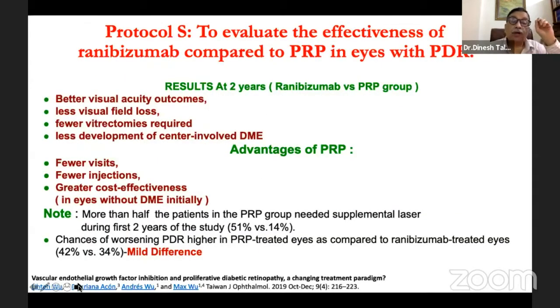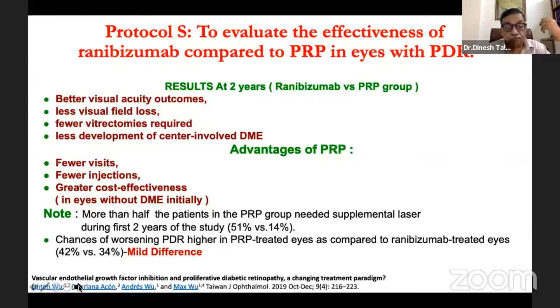Now, what did we get in Protocol S? What we got was that there were better visual outcomes, less visual field loss, most important, fewer vitrectomies, and lesser development of center-involving DME in the ranibizumab group. What was the advantage of PRP? It wasn't without advantages.